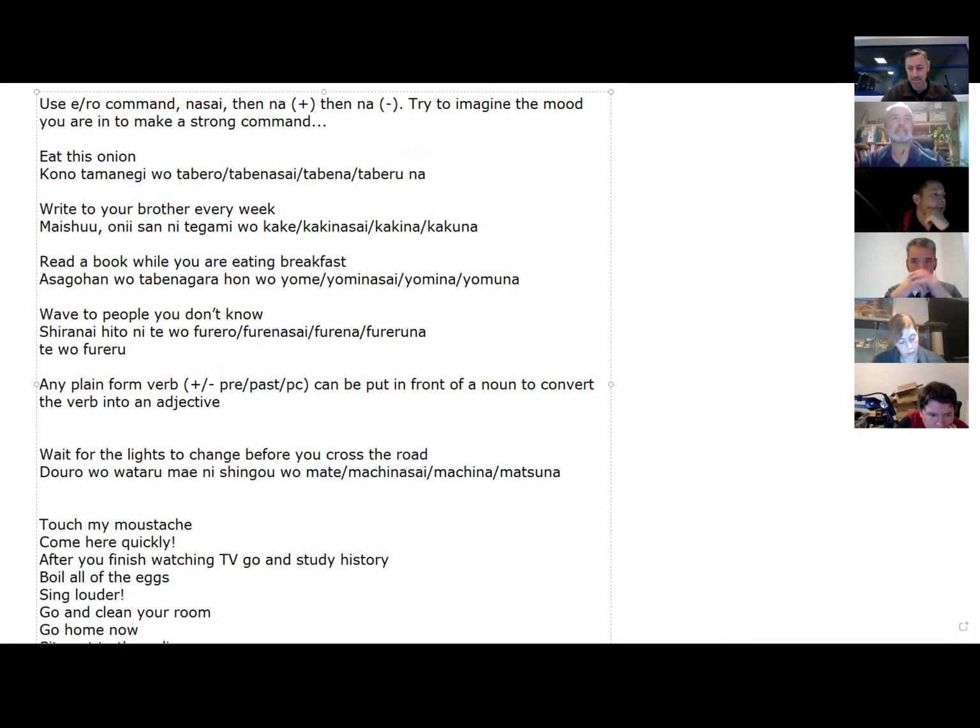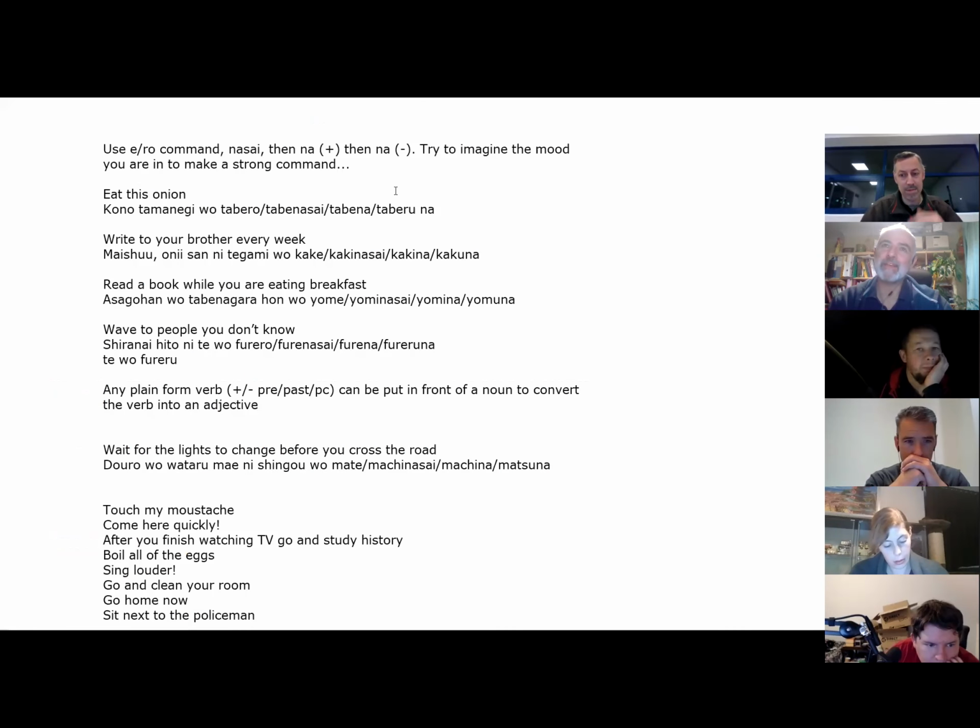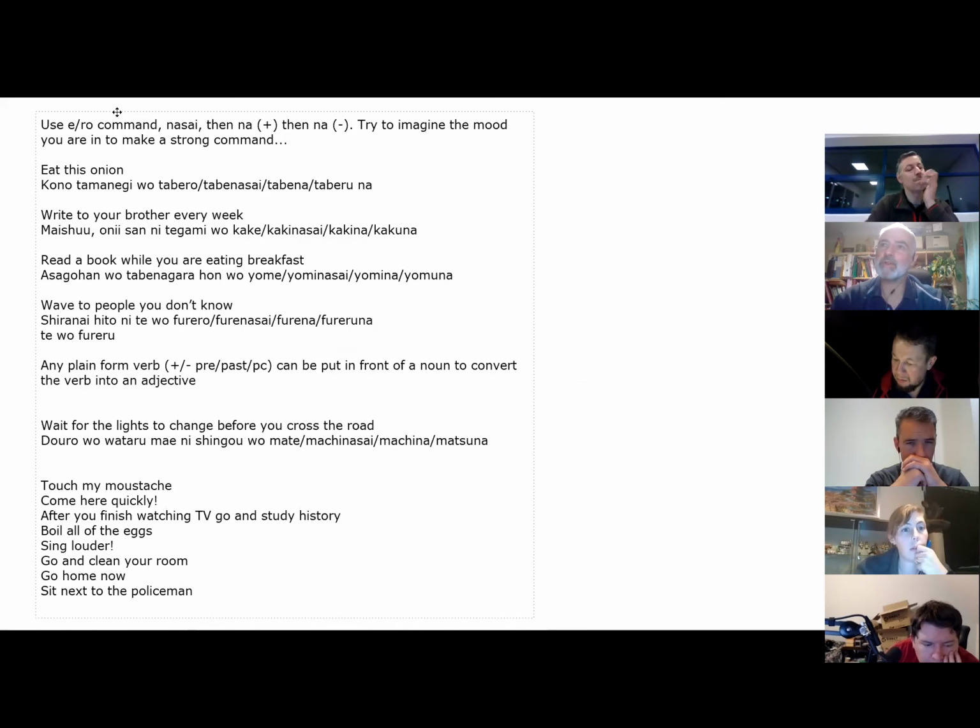Good. You can probably already get a sense as to when to use some of these. For example, at the moment, these all sound like strong commands, don't they? If you were going to ask somebody to do something for your benefit, it's unlikely that you're going to use any of these. But saying something like 'wait for the lights to change before you cross the road' isn't going to be a request.